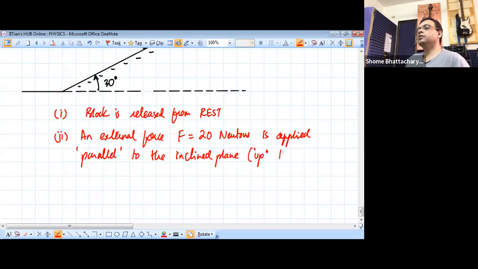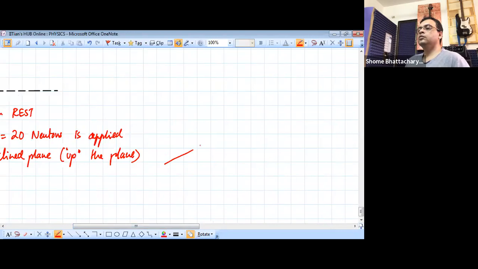Okay, up the plane. So in case 2, on this block we are applying this kind of force parallel to the inclined plane but up the inclined plane.